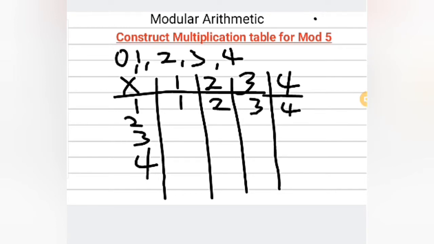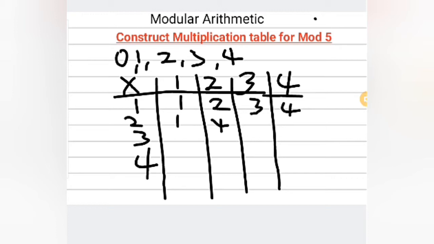So we are done with multiplying all of this. Now we are moving to this, multiplying the whole of this. So we have 2 times 1 to be 2, 2 times 2 to be 4. Don't forget, this is a mod 5, the highest digit you can have is 4.